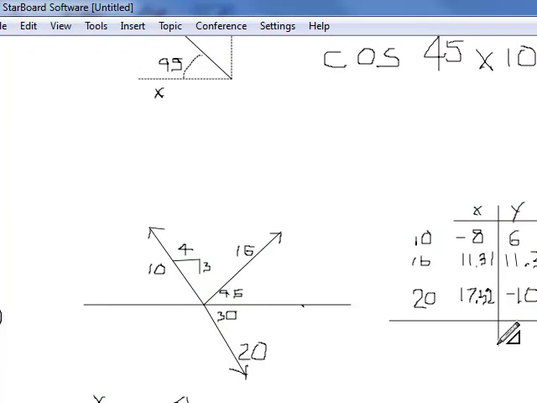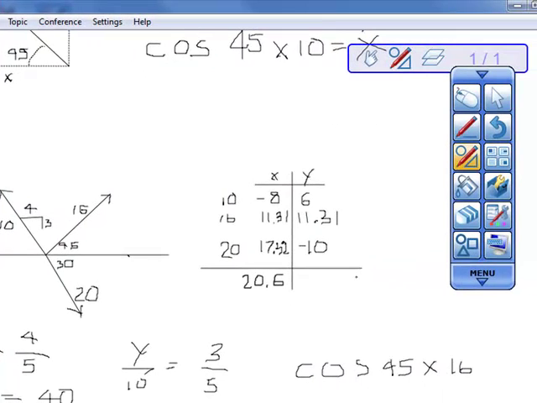The x's are going to equal minus 8 plus 11.3 plus 17.3, which is 20.6. And the y's are 6 plus 11.3 minus 10, which equals 7.3.